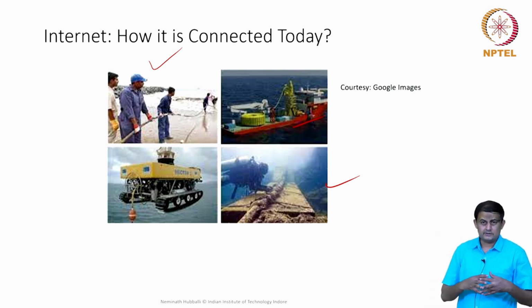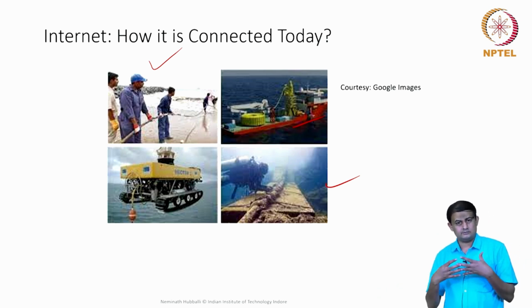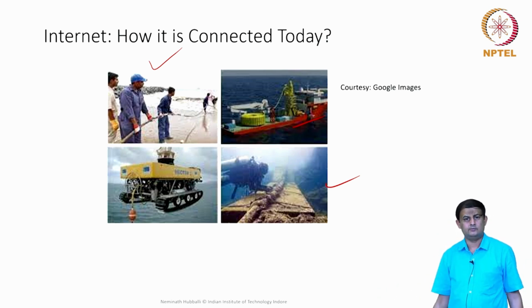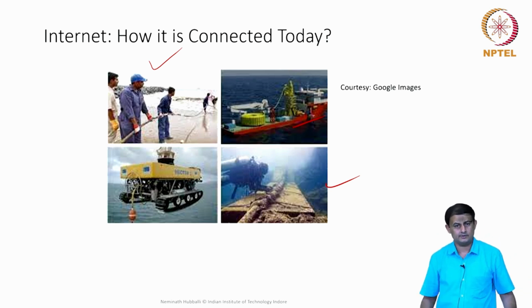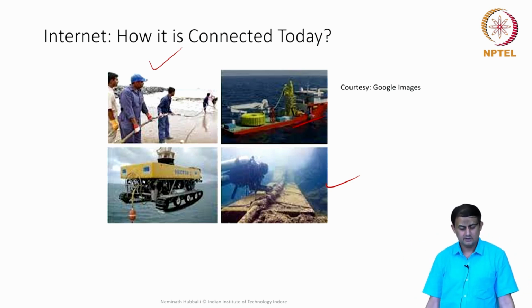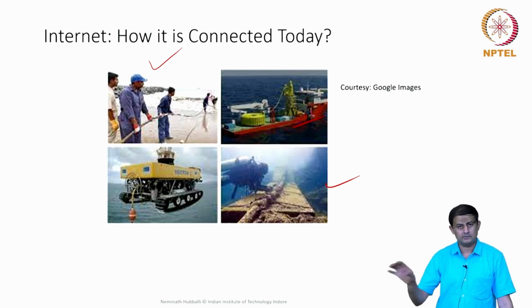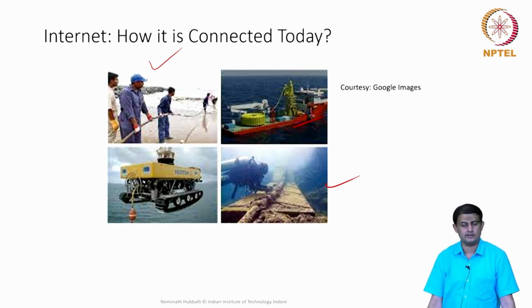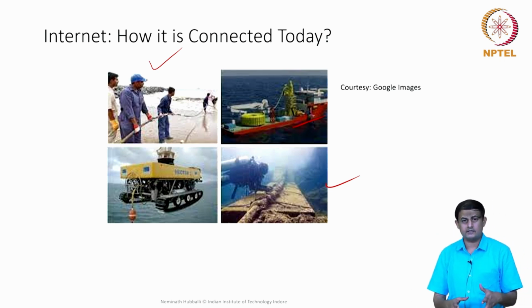So these undersea cables are now the backbone, the prominent source of data exchange. If there is a fiber cut, if this undersea cable is cut, then probably a part of the entire internet, one of the internet service providers' networks, might be affected. So it requires very high availability and maintenance.